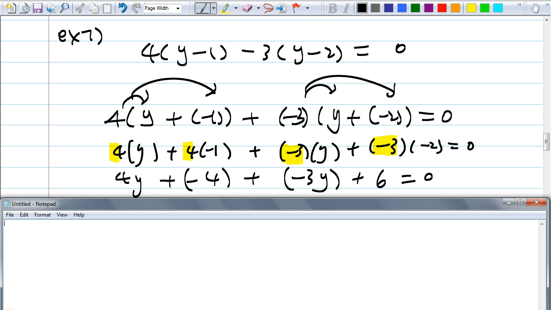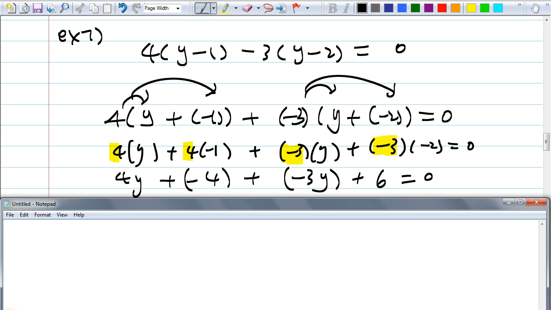Stephanie? Combine like terms. Let's see. Who haven't I called today? I haven't called Kyle. Do you have any like terms? Yeah, 4y plus negative 3y are like terms, aren't they? So what do I write here? How about Thomas?